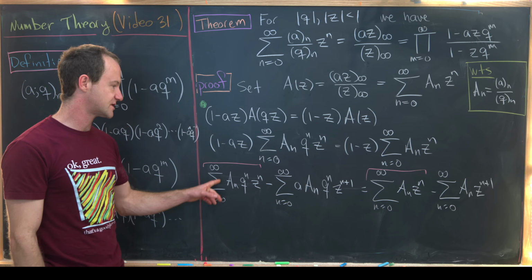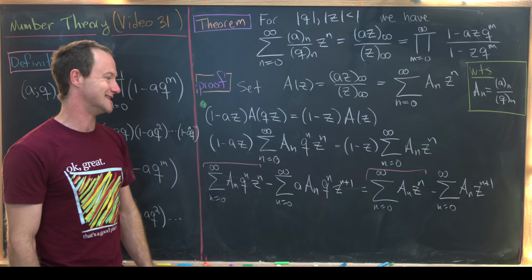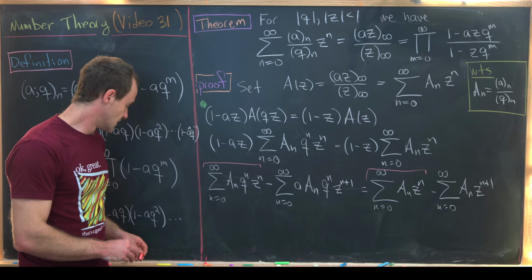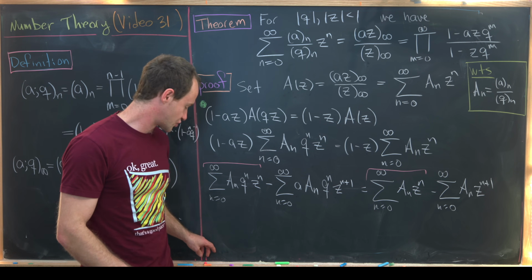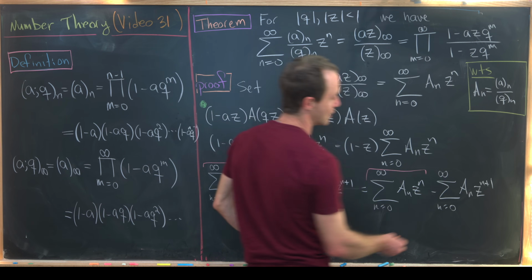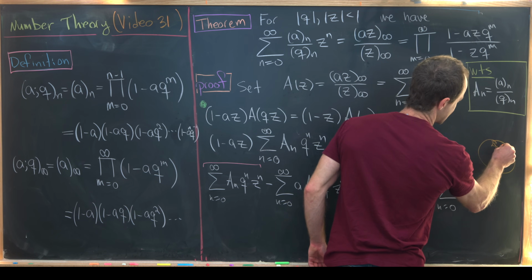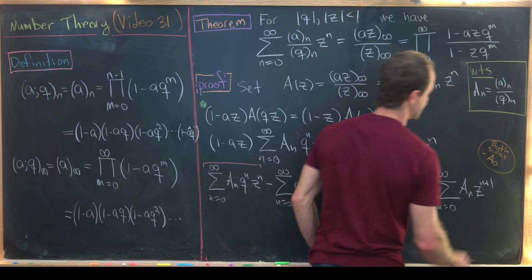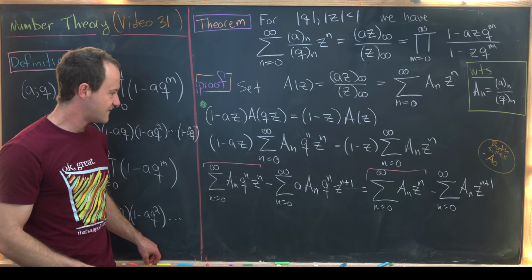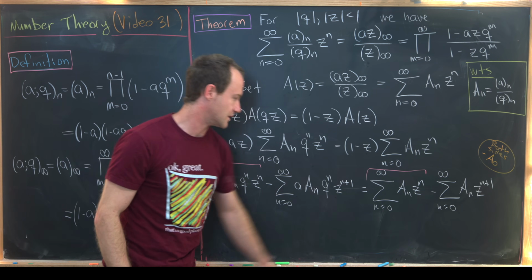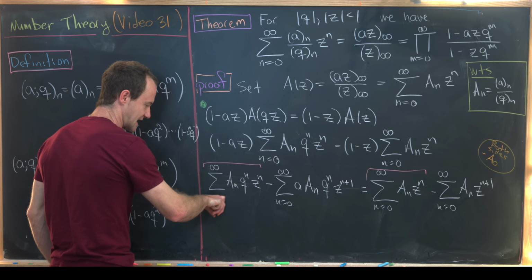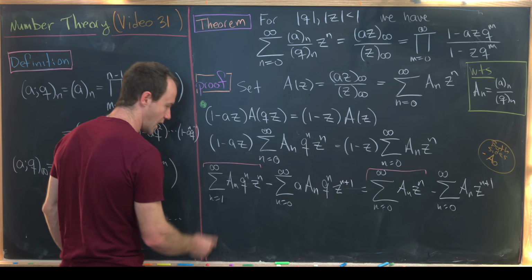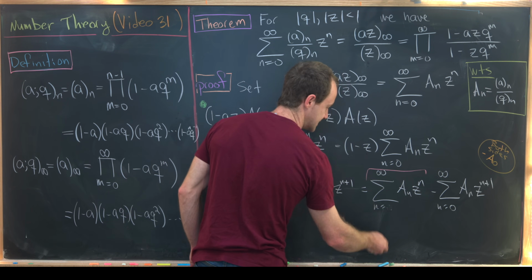And the constant term in both of these sums is a_0. So we might as well subtract a_0 from both sides. So let's write that here. Both sides, we will subtract a_0. But what effect does that have on these two sums? That means these two sums can now start at n equals 1 instead of n equals 0.